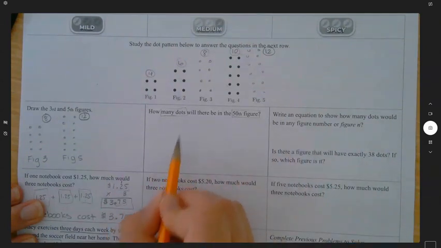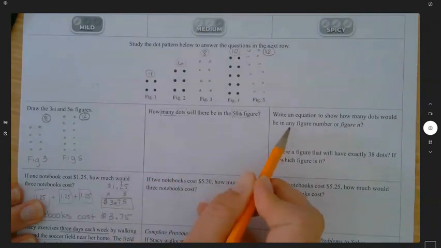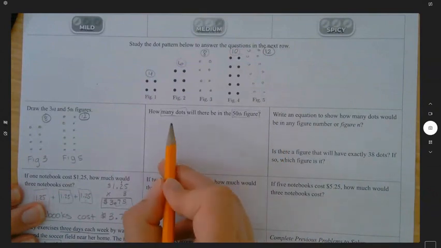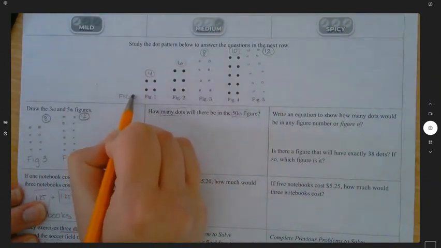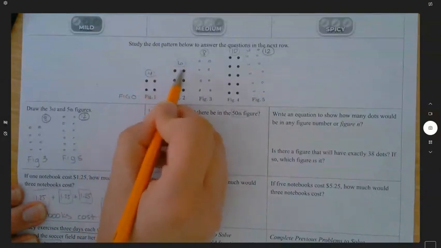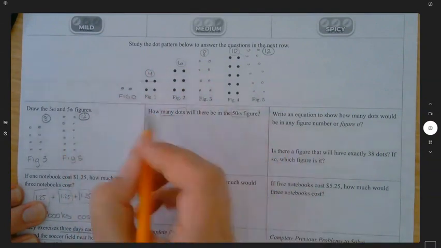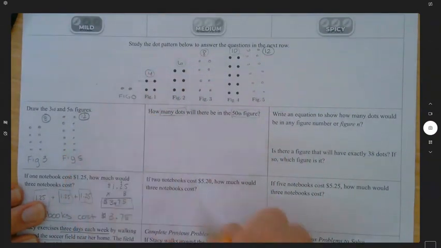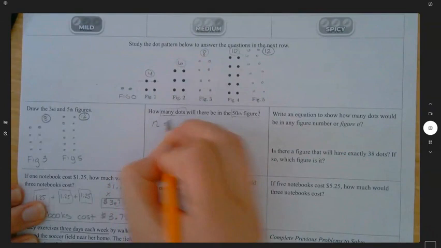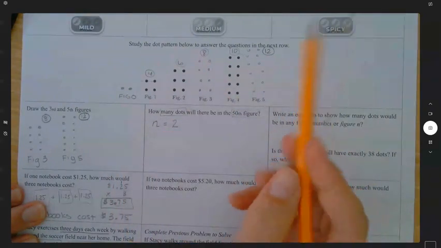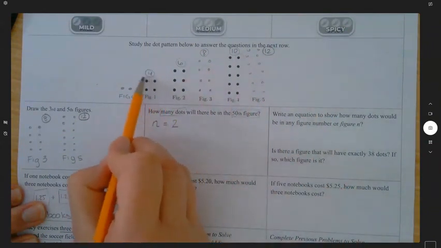Or I could create an equation, which is actually in our spicy. So I know one way to figure out equations is going to figure 0. And I know if I'm adding 2 going up, I know that I'm going to be taking off 2 to go down. So I am starting with 2 dots. And then I am adding on 2 each time.